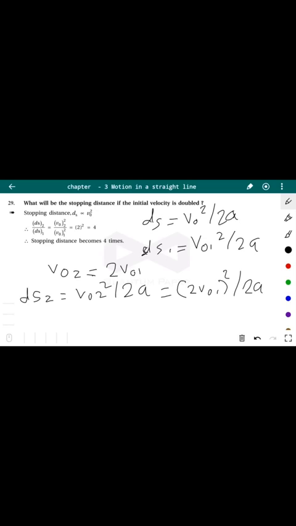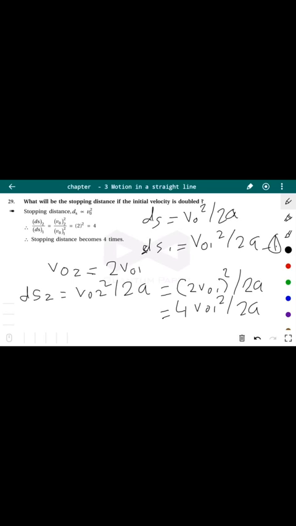So the equation becomes 4 v01 square upon 2a. So this stopping distance for the second situation is 4 v01 square upon 2a. Now you can see in this equation, let us denote it as equation 1, ds1 equals v01 square upon 2a.